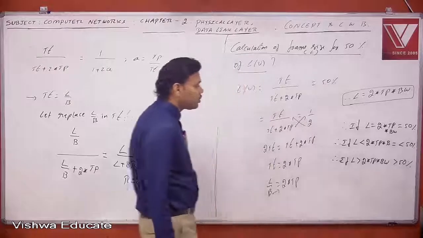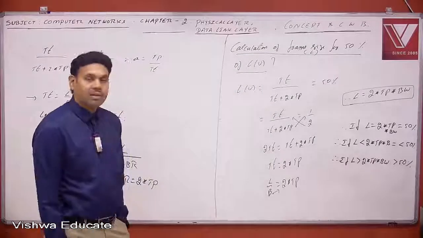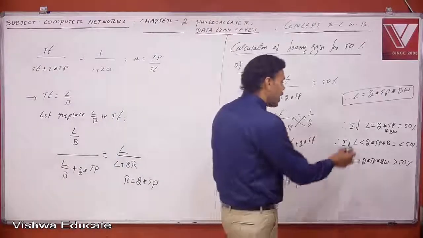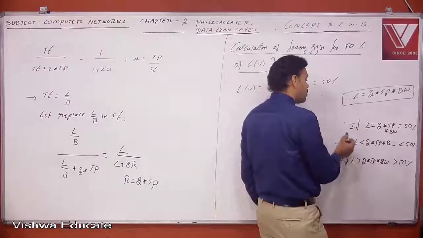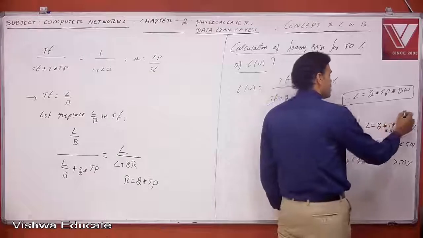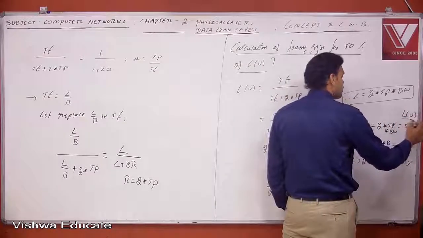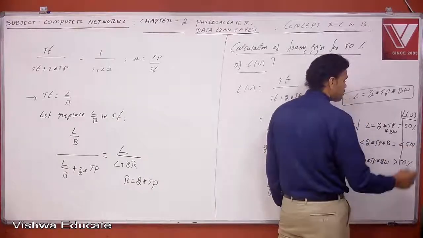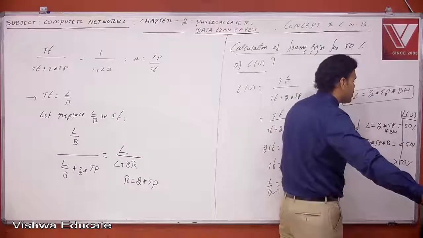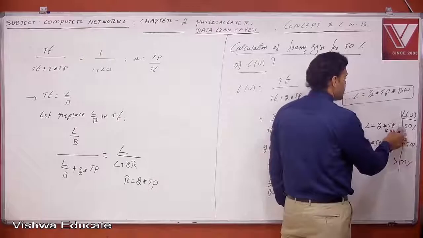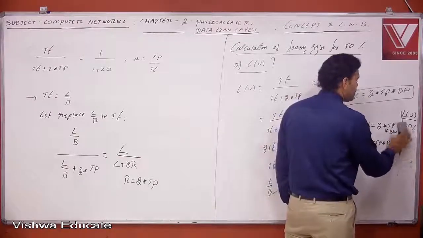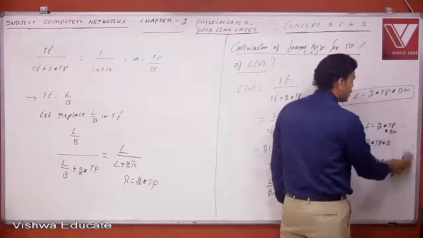This is how you can also calculate the efficiencies. If you know the L value, then I can tell you the efficiency. So these are all efficiencies only: one efficiency is 50%, one is less than 50%, and another is greater than 50%.